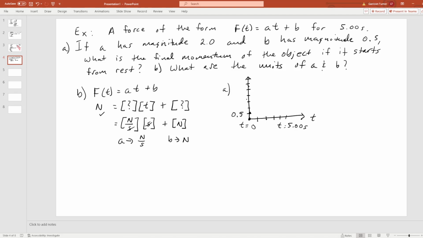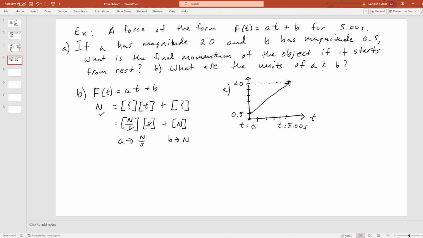Okay, and we'll just claim that this is the 20, just for the sake of example. So that means I'm going to start here, and then I'm going to end up here, and my force would represent that function right there.